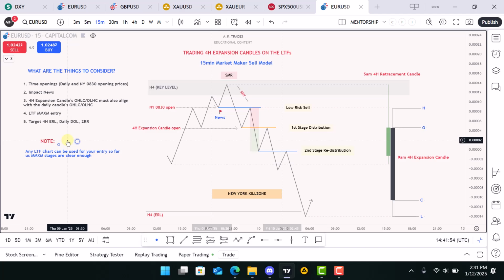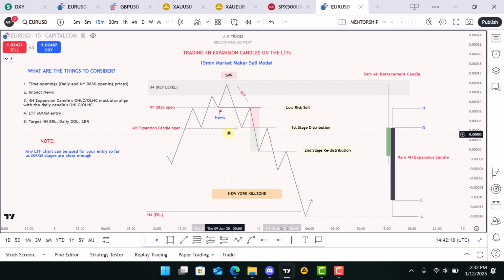So in that case, what do I do? I can drop down to the 5-minute or the 3-minute chart where the market maker model entry will be clear enough for me to enter and then exit my trades. So in this scenario today, we are going to consider the 15-minute market maker sell model.